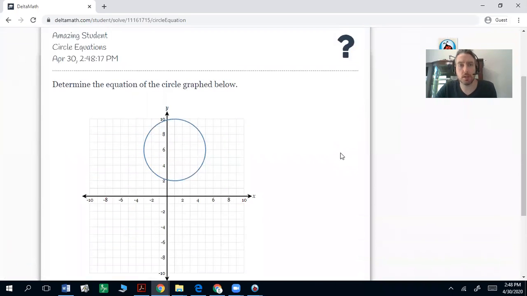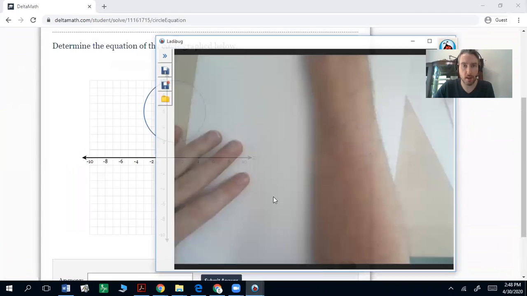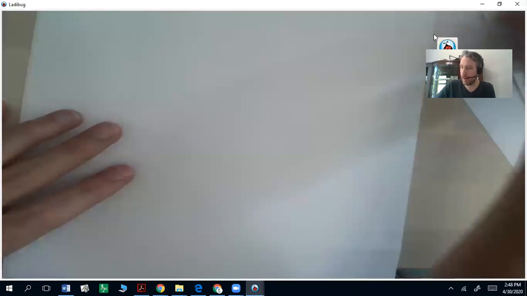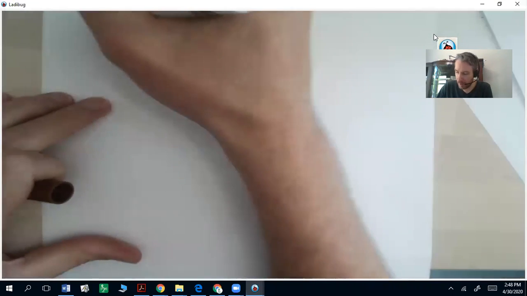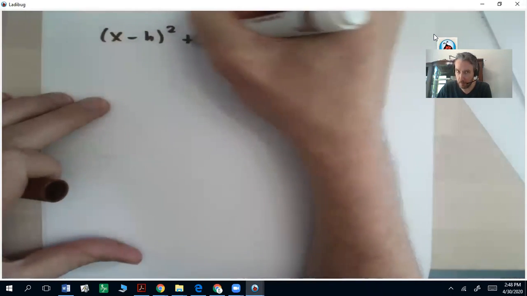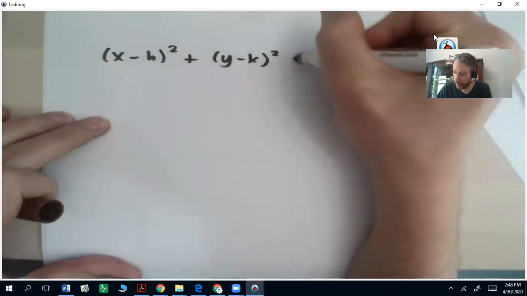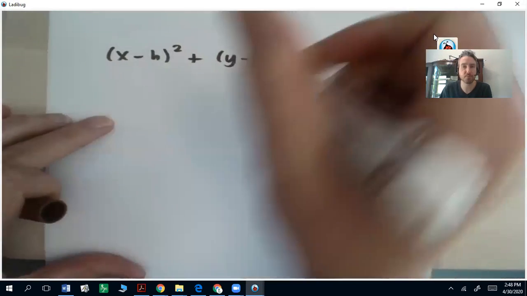The question says determine the equation of a circle in standard form. So what we're going to do is the circle equation will always be of the form (x minus h) squared plus (y minus k) squared is equal to the radius squared.